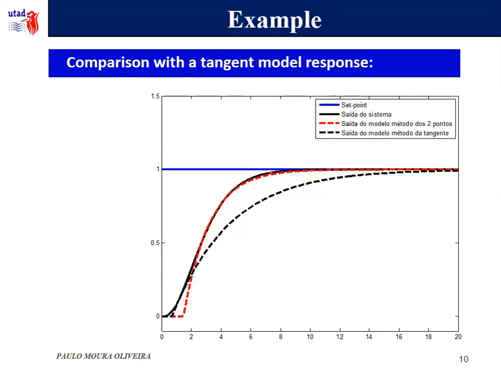As you can see, there is no comparison between the 2-point model in red and the tangent model in black. In this case the identification error is much smaller with the 2-point model than with the tangent model.